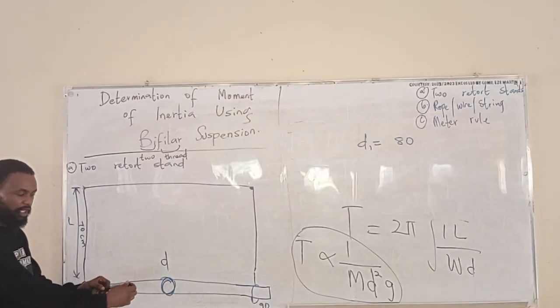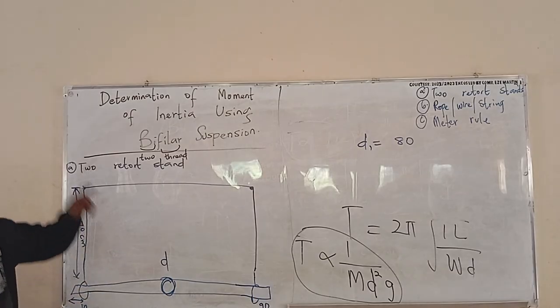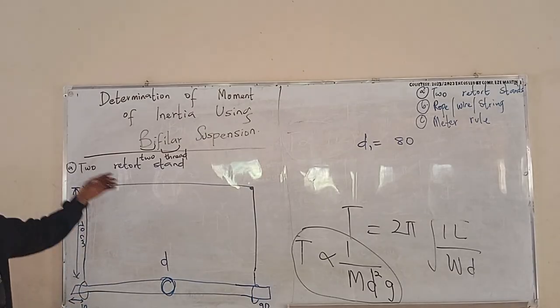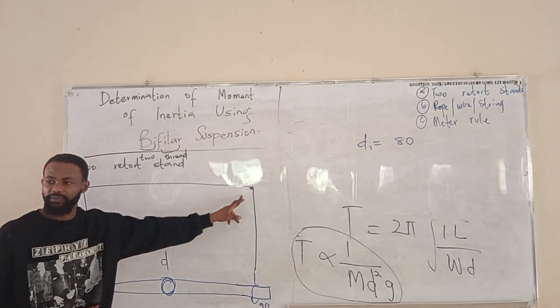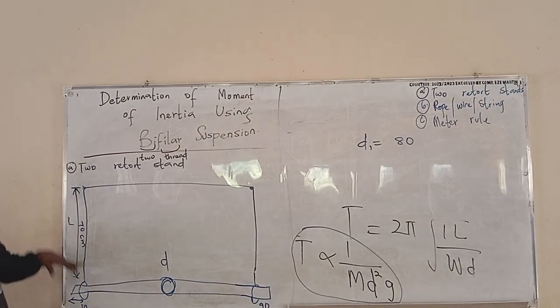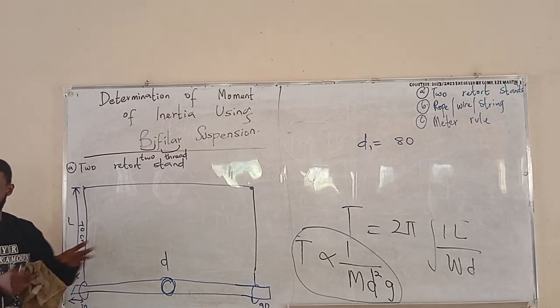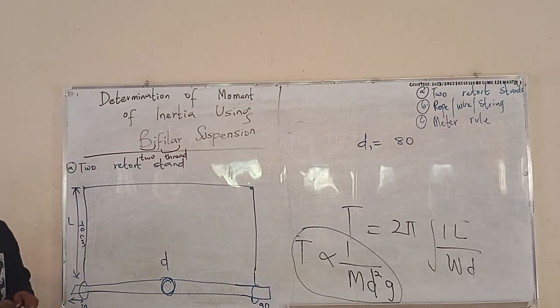If you do it too much, you might end up scattering the rope, or the rope will leave the retort stand, or it will move haphazardly until it gets its balance. So part of the procedure is that when you give it that angular displacement, you do it gently. The displacement should be gentle.